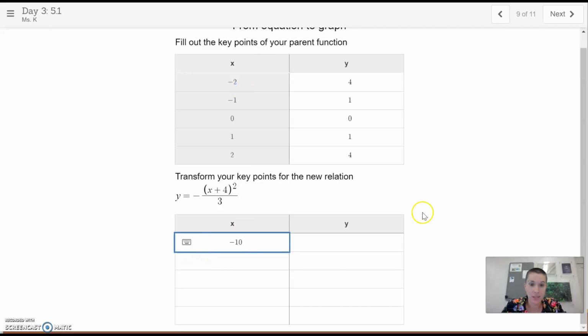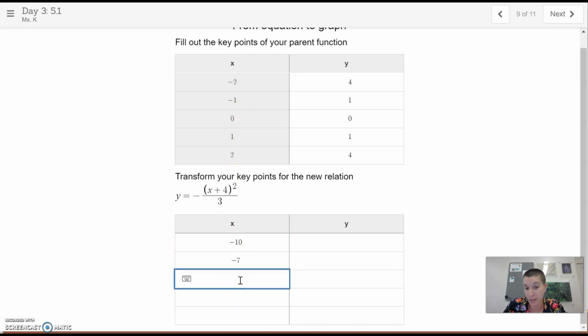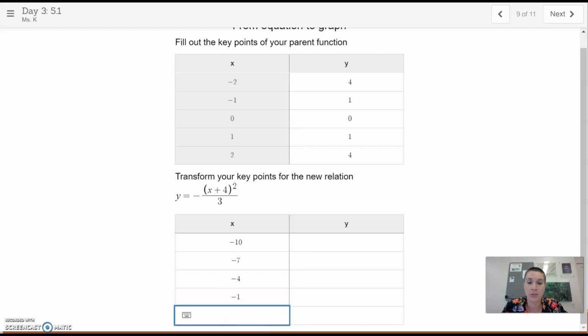Then we have -1 times 3 is -3, minus 4 is -7. 0 times anything is 0, minus 4, -4. 1 times 3 is 3, minus 4 is -1. 2 times 3 is 6, minus 4 is 2.